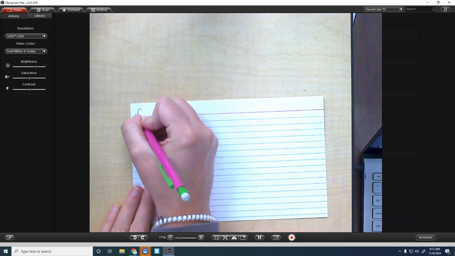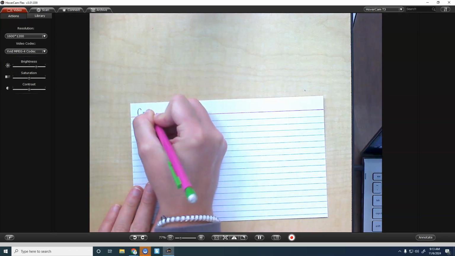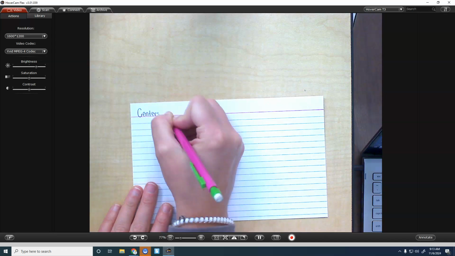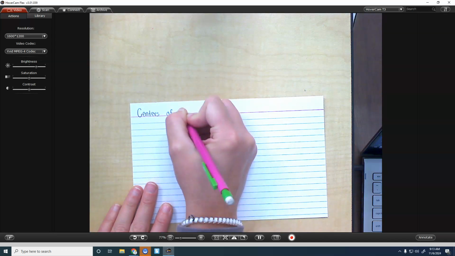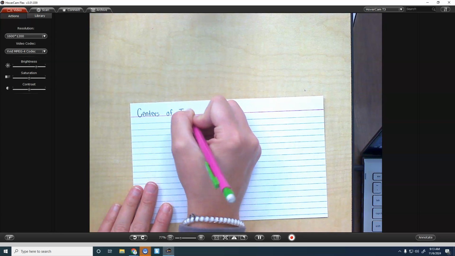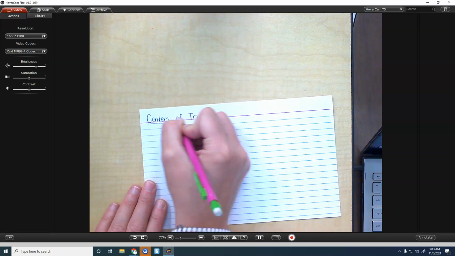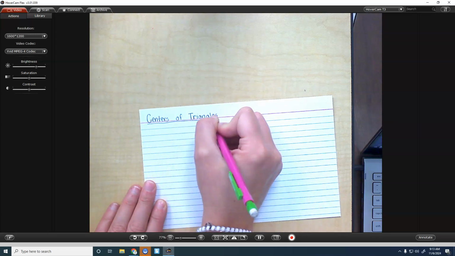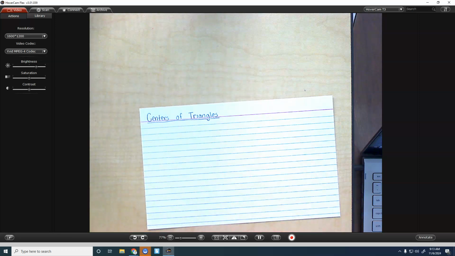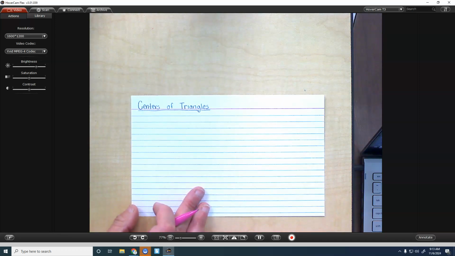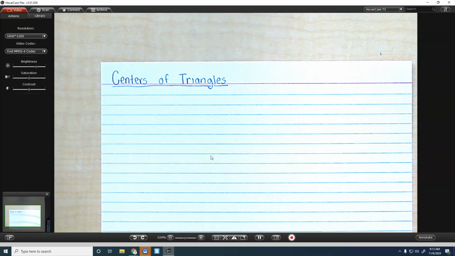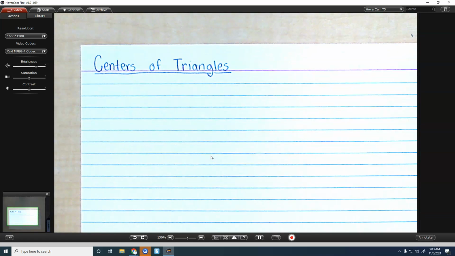I'm going to put centers of triangles here. And zoom in a little bit. That's showing up okay. All right.